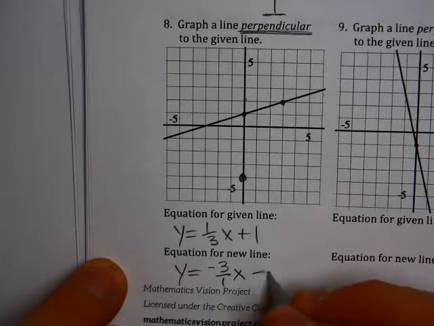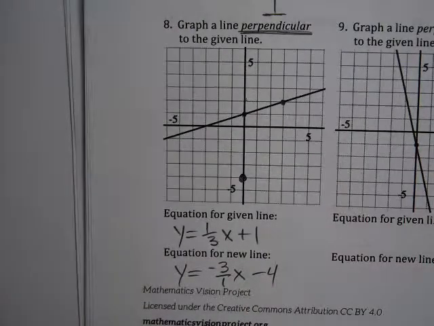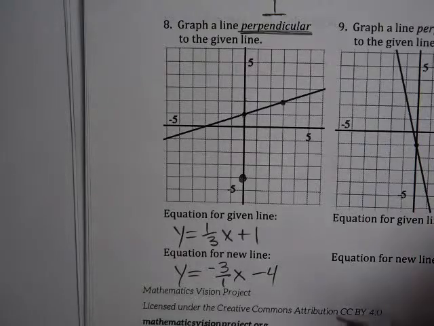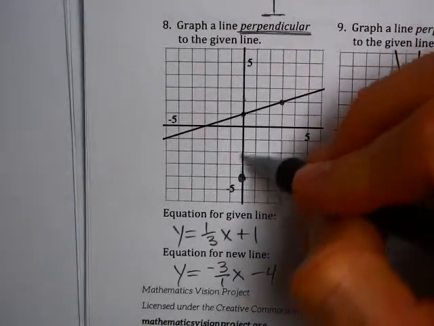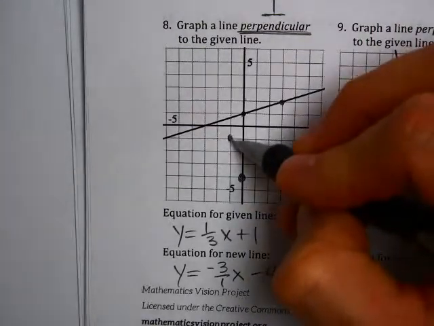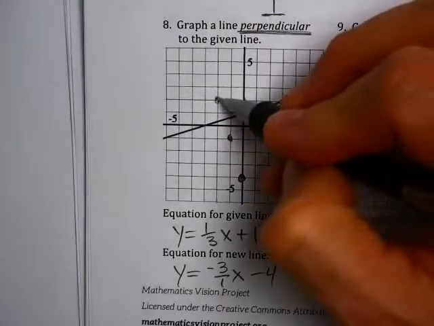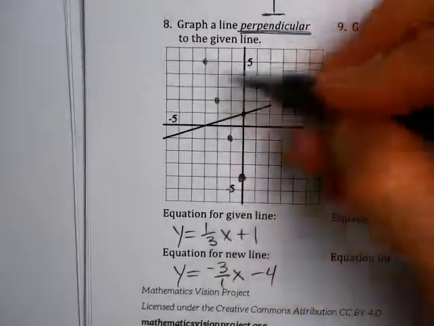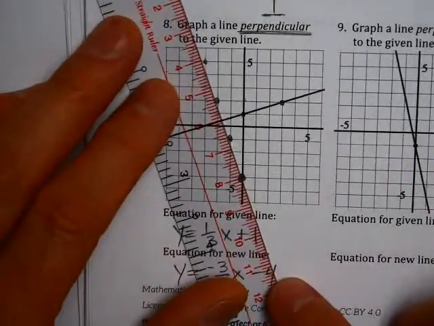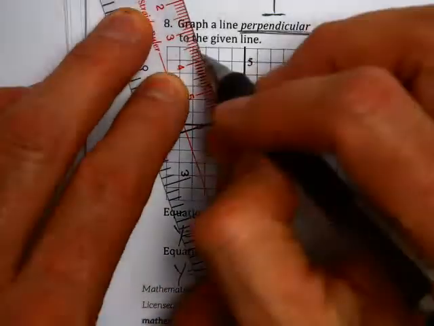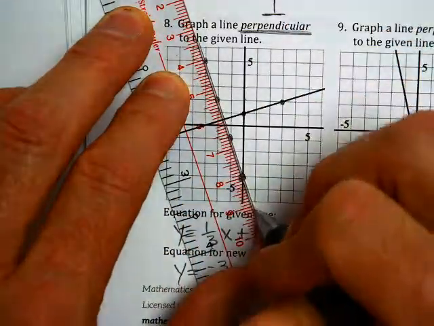But if you picked something else, that's totally cool. So I'm going to go down 3 and over 1, and what can I do? Up 3 and back 1, right? Up 3 and back 1. So if I did everything right, my lines should be perpendicular.